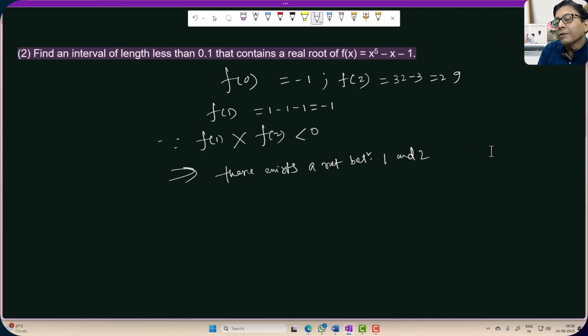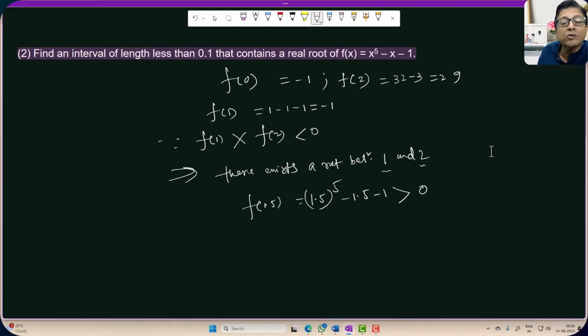Now go by interval bisection. If it lies between 1 and 2, let us check f(1.5). f(1.5) is what? 1.5 to the power 5 minus 1.5 minus 1. 1.5 squared itself is 2.25. And then if you work it out, this will be greater than 2.5 definitely.